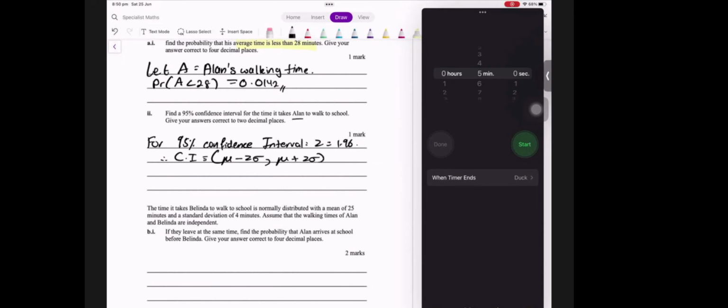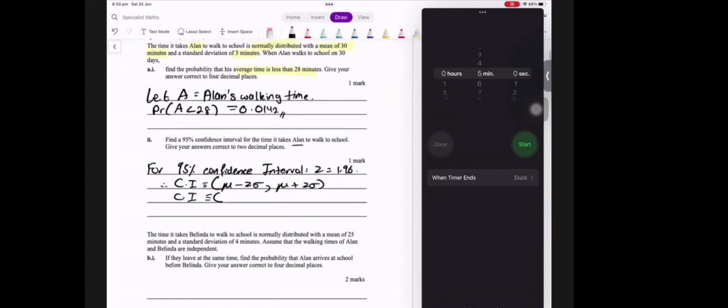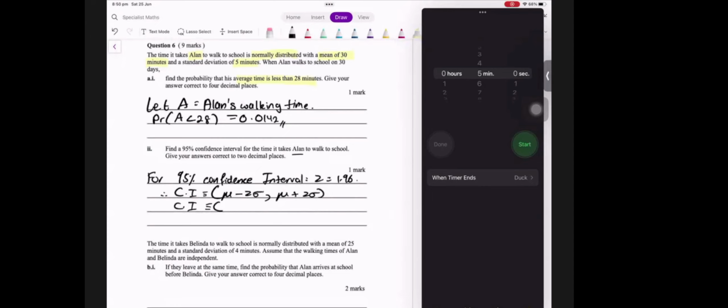We don't have some kind of sample, so our mean doesn't change at all. This is basically just a methods question, really. So the mean is 30 minus 1.96 times the standard deviation of 5, and 30 plus 1.96 times 5. And so you get your confidence interval as 28 point.